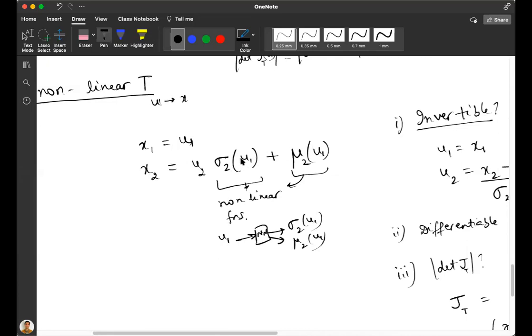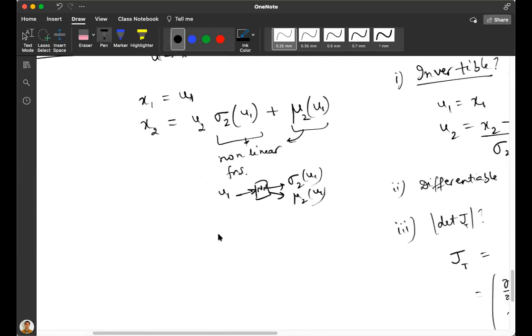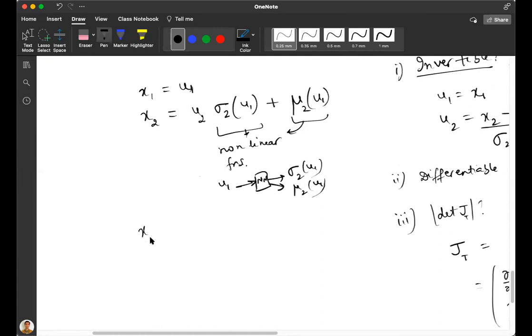This all dependence could be non-linear. If we had an x3, how shall we define that? If you want to maintain these kinds of properties, invertibility, differentiability, and the determinant of the Jacobian should be easy to compute, how should we define our X3 then?